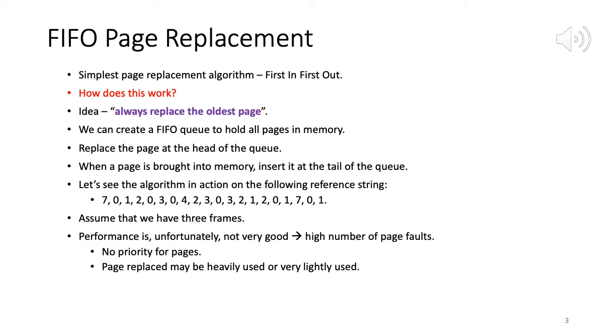When will we have to replace a page? When we have access to a page and we find that no suitable free frame has been allocated to it. Pages which do not have mappings with physical frames will cause page faults. And when no free frame is available, then we have to decide which one to evict. So these algorithms will help us answer that question.